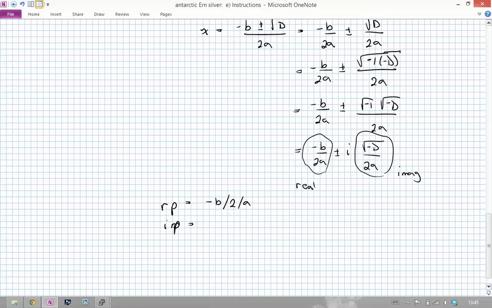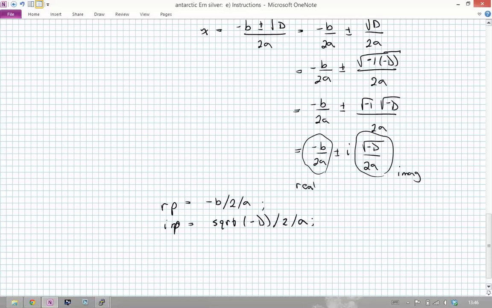Oh, and let me write it in C++ terms. So what you would do in this third case is get yourself a couple more variables. Variables are cheap. rp and ip. And you would compute rp as negative b slash 2 slash a and ip as square root of minus d over 2a. You can rest assured that when you're in this third case, d is negative and hence negative d is positive, so that expression for ip will be well defined and will work.